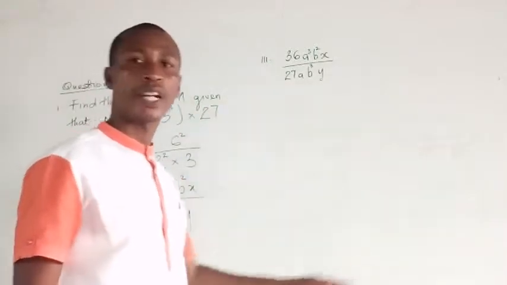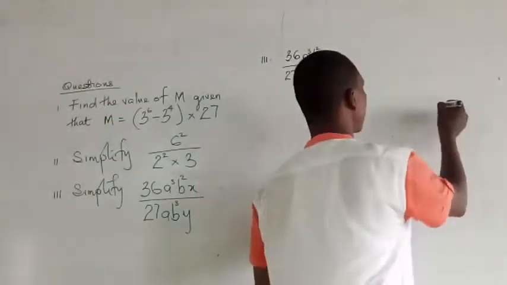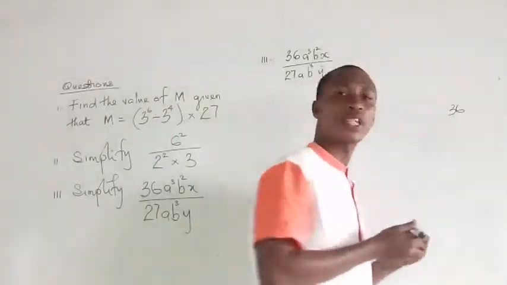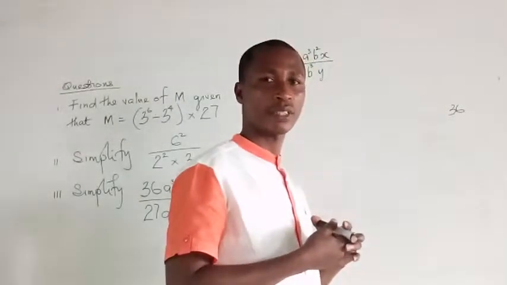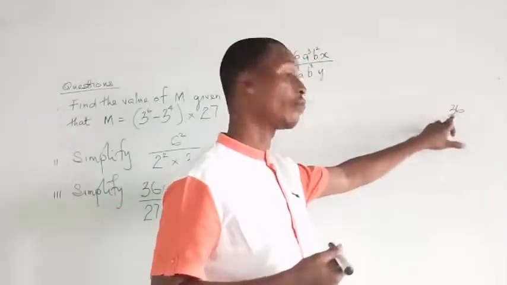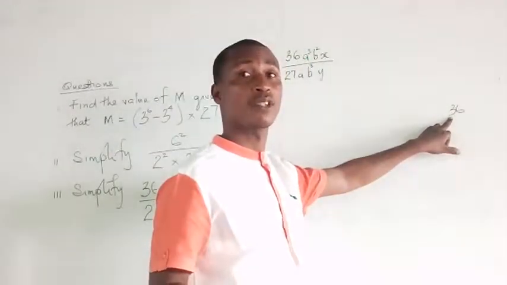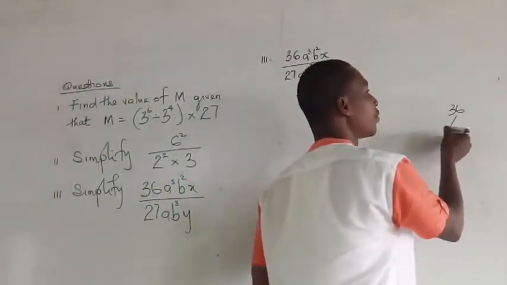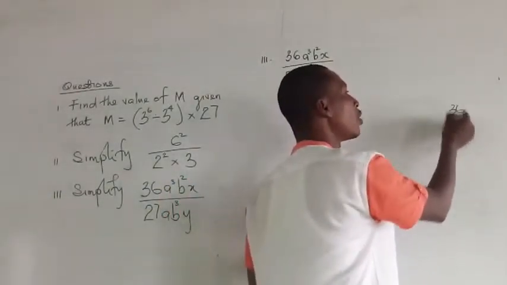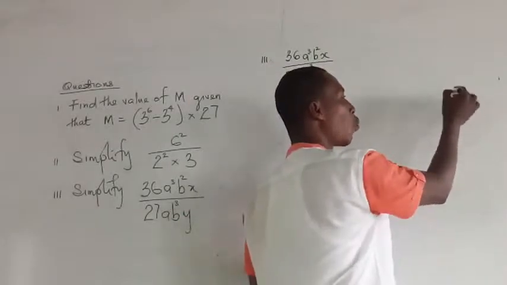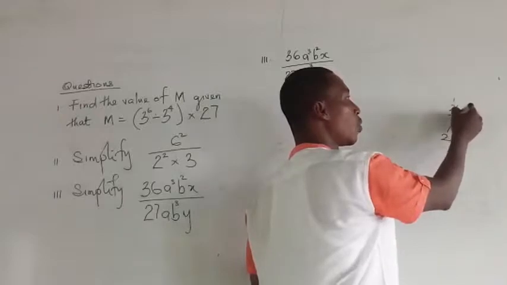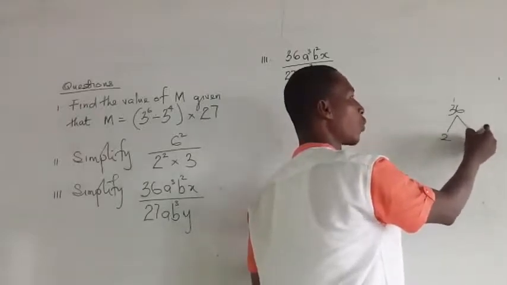So to break that, I still have to come here, 36. Okay, so 36, two numbers are multiplied, I will get 36. It's an even number, so 2 will go into it. So 2 will divide 36. 2 will go into 3, 1 with a remainder of what? 1.